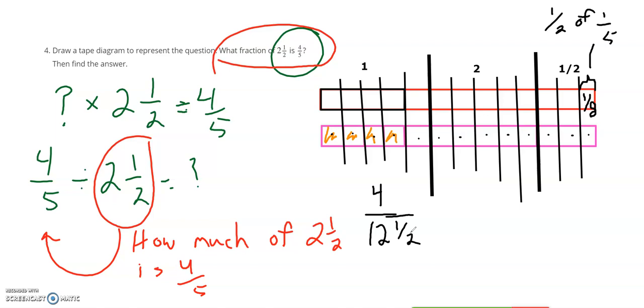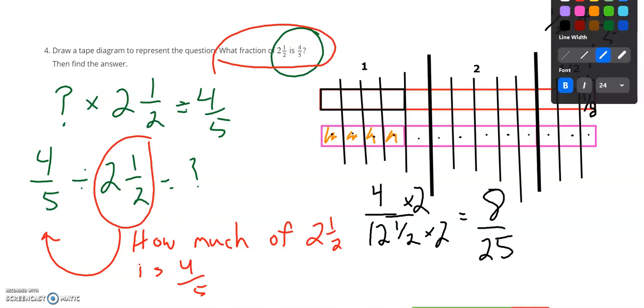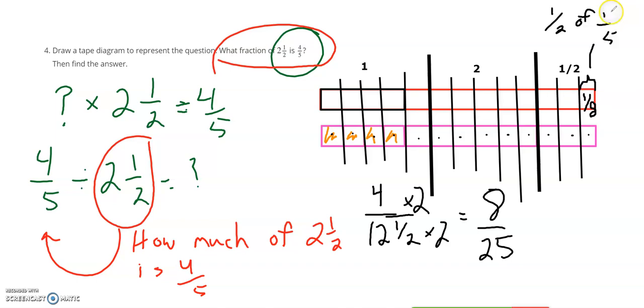It's a fraction inside of a fraction. So if this makes sense, we can multiply both of these by 2. And we get 8 25ths. 12 and 12 is 24. Half and a half is 1. 24 plus 1 is 25. 8 25ths.